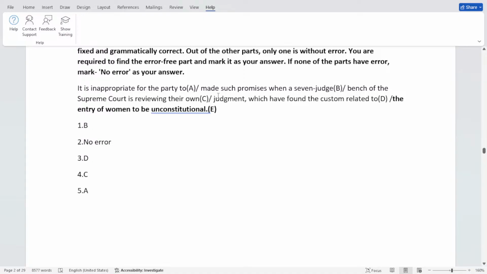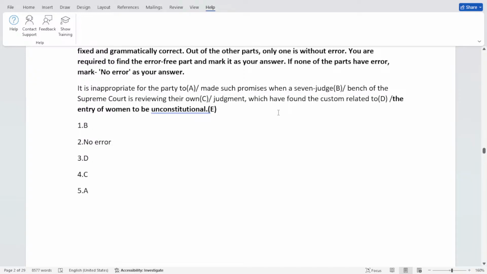And next, when it's a 7-judge bench of the Supreme Court reviewing, here we are supposed to get its own judgment, which have given here. That's supposed to be had, already given that one, recorrecting.